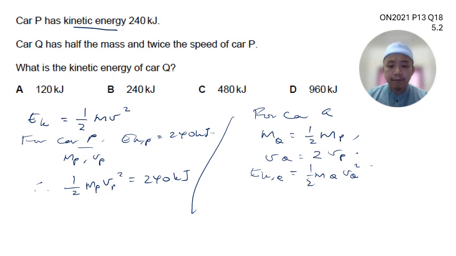So now we want to compare, substituting these two equations, mq in terms of mp and vq in terms of vp, and then compare with what we have already obtained for P previously.